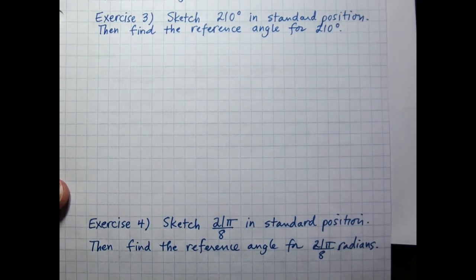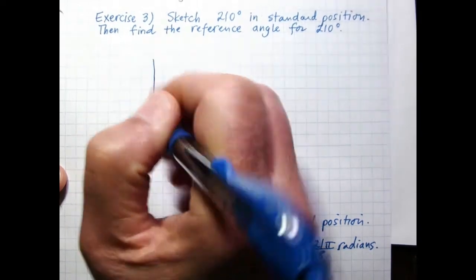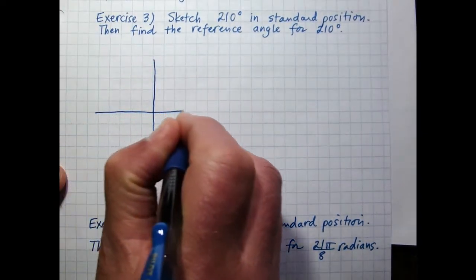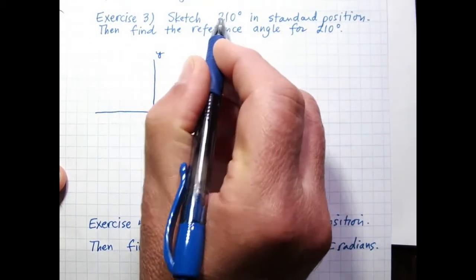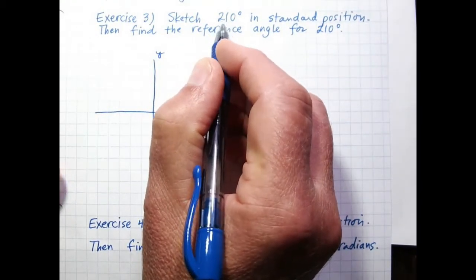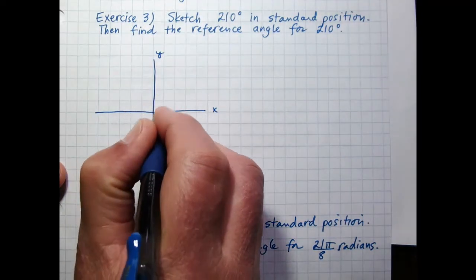Exercise 3: sketch 210 degrees in standard position and find the reference angle for 210 degrees. Okay, so let's see. 210 degrees in standard position. Degrees I think we like, right? We know it's more than 180 and less than 270.